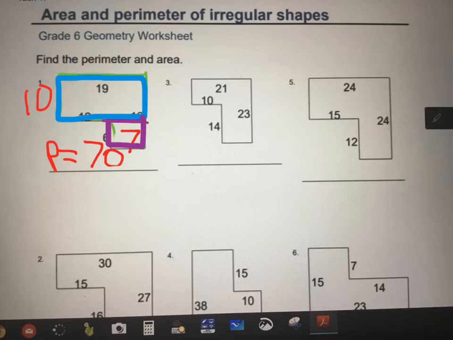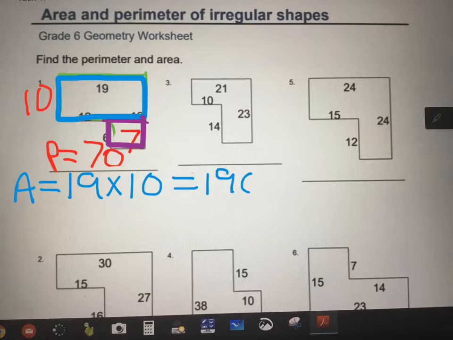Let's find the area of the blue rectangle first. So area of the blue rectangle is equal to length times width, so 19 times 10. Give you a second. Is 190.